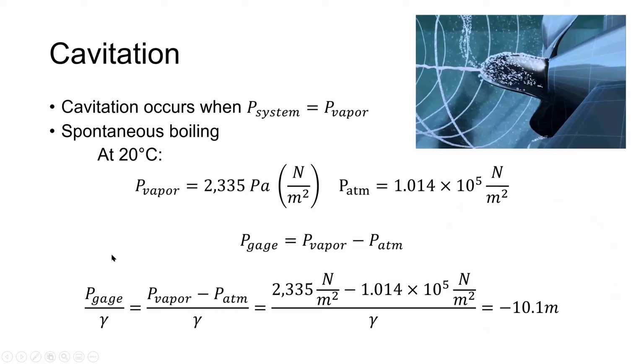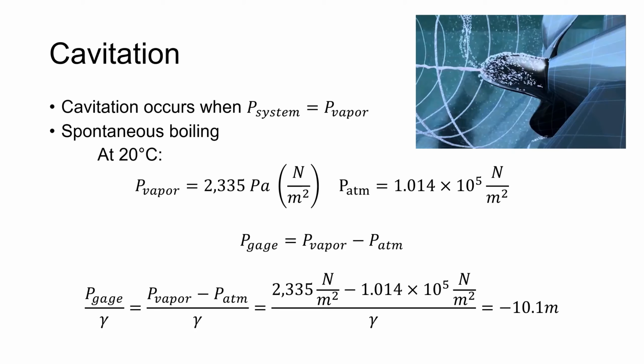One other note here is this idea that if our gauge pressure goes down to vapor pressure in your pipe, that's at negative 10.1 meters of pressure head. That is, obviously, bringing you right up to the edge of cavitation.